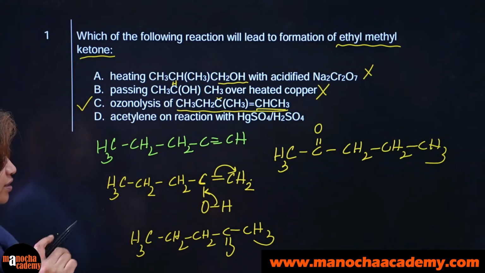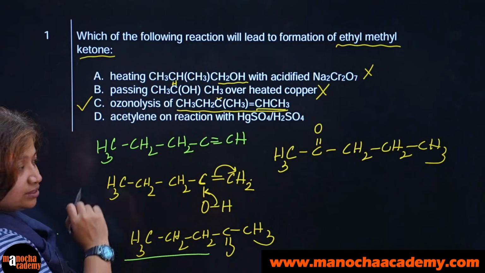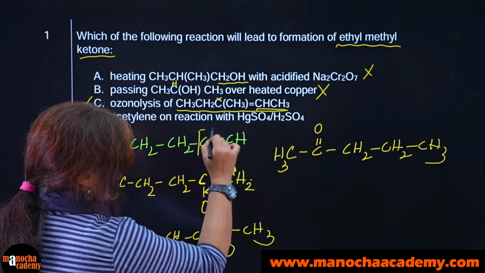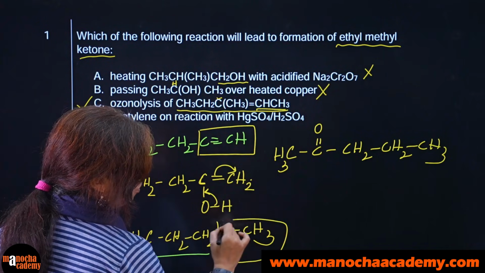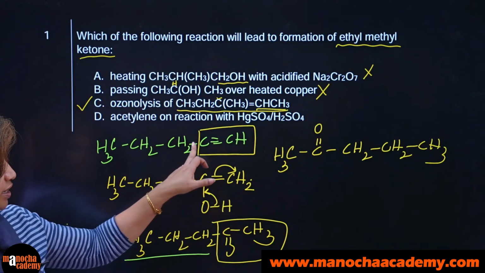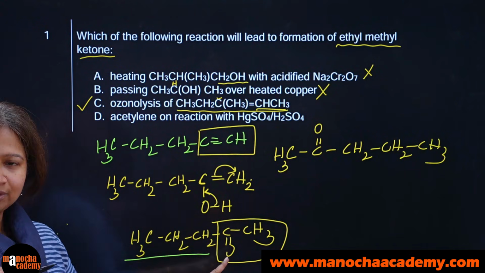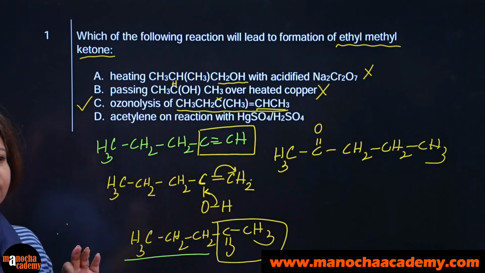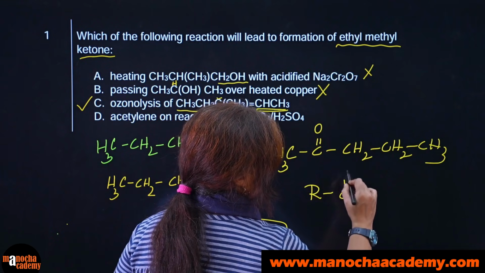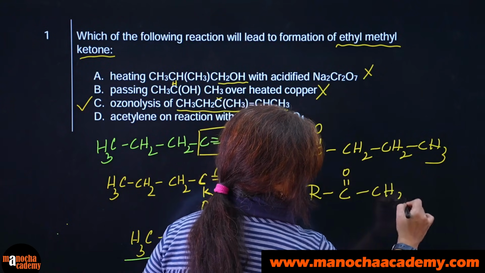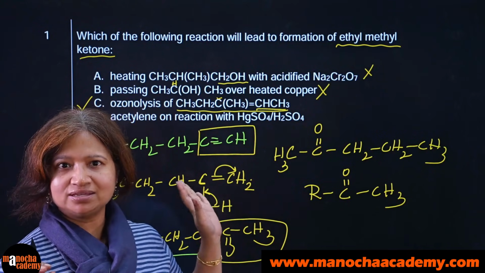Now you compare. These three are alkyl groups, these three are alkyl groups. Now what happened is, from one alkyne you actually get a COCH3 group. Always. The C triple bond CH will always give a COCH3 group. So suppose you are given a conversion where you are told to prepare R C double bond O CH3. This R can be butyl, isopropyl, whatever it is, doesn't matter.